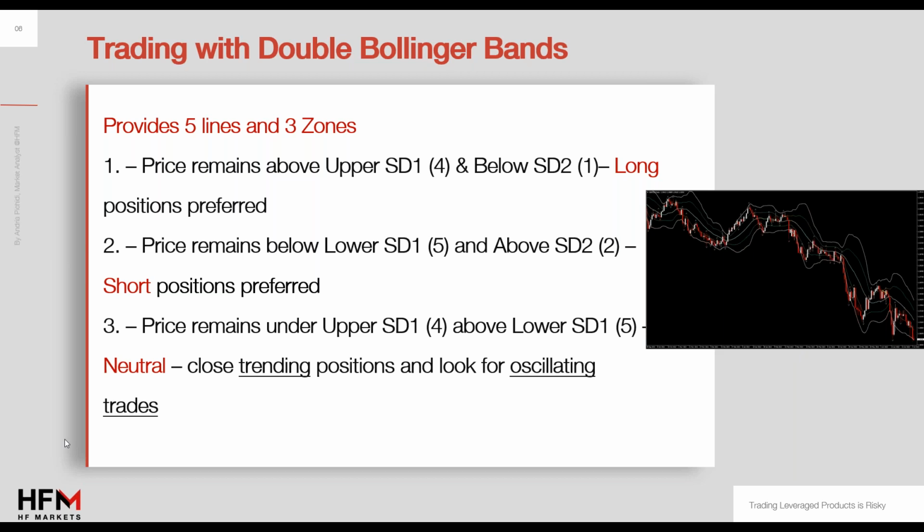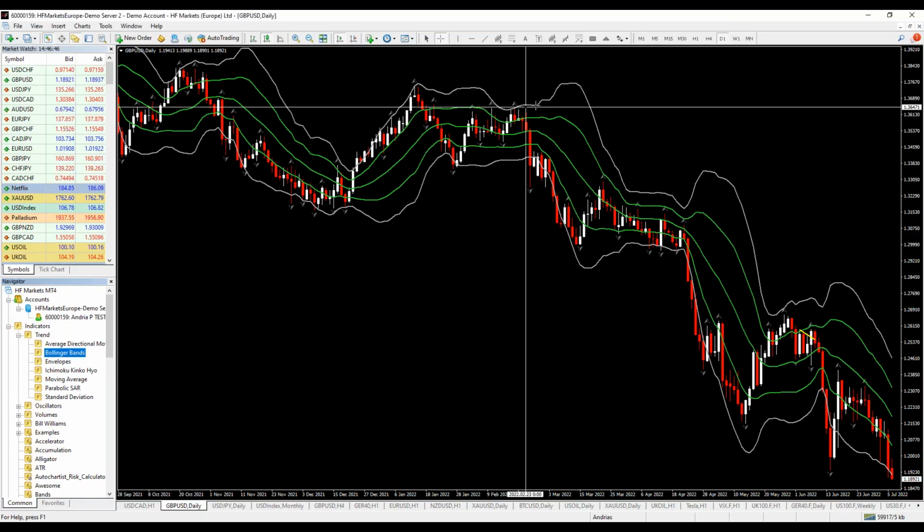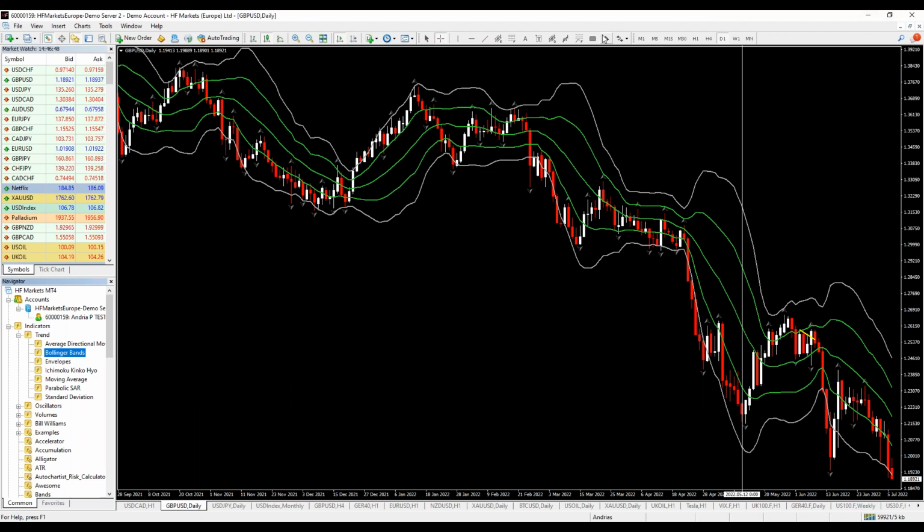I think I'm going to bring the big chart on, and I will put numbers on as well. Okay, let's do it. So this is the very first zone. It's above the first standard deviation and below the upper second standard deviation. Let's call it 1.